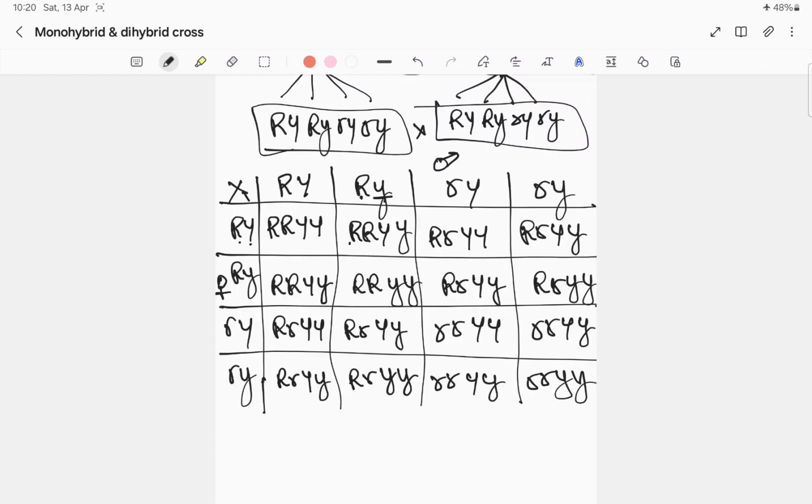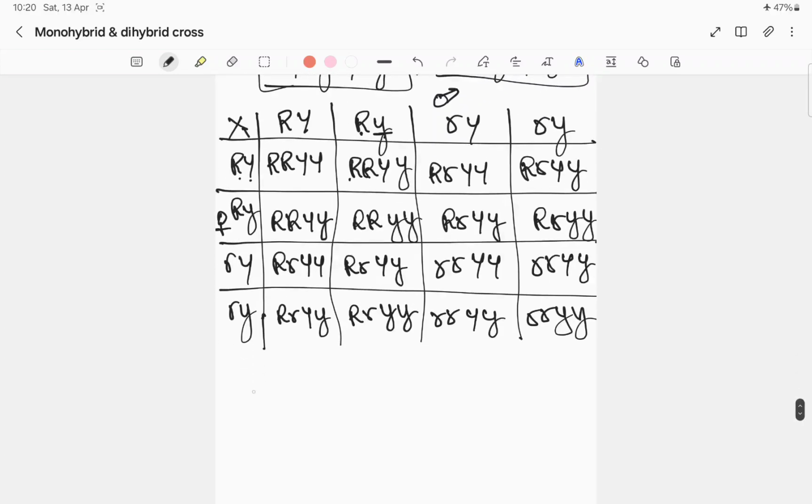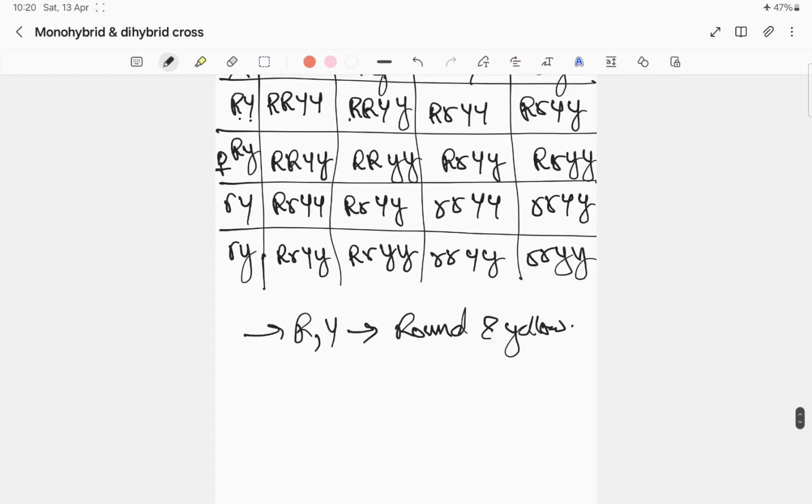Right, now just observe how many round and yellow seeds there are. If we have at least one capital R and capital Y, we will get round and yellow seeds. If we have at least one capital R and both small y, we'll get round and green seeds.